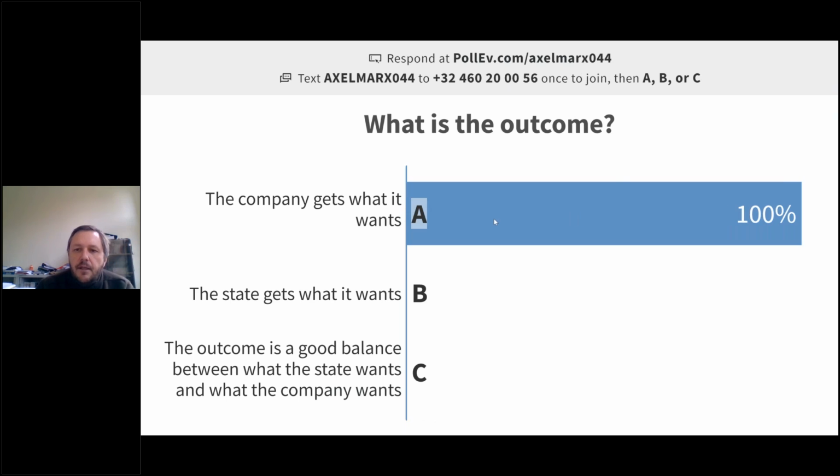If you read the last part of the handout, it describes the outcome. The outcome can be that the company gets what it wants, that the state gets what it wants, but also that the arbitration panel finds a good balance between what both parties want.